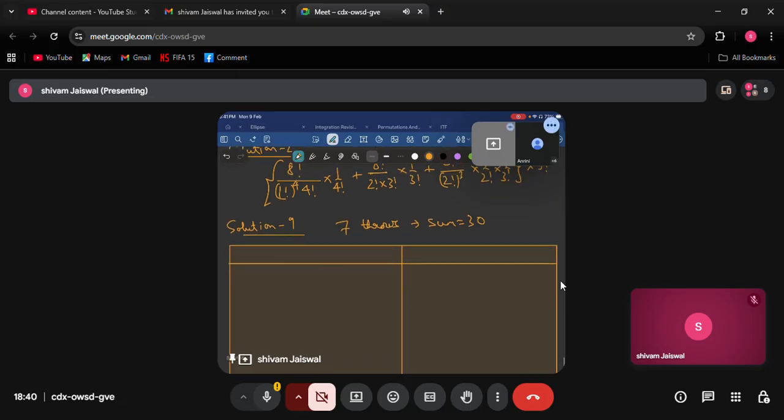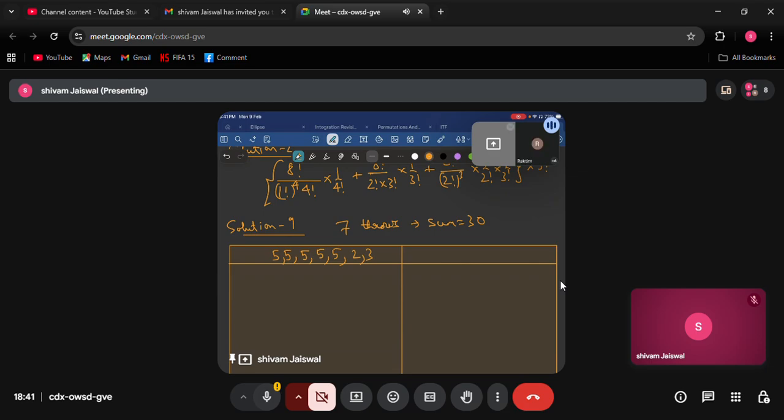So either you can get 5, 5, 5, then 5, 4, 5 is 20. Another 5 you can get, then 2 and 3. In how many ways can you get 5, 5, 2 and 3? Tell me, Raktim.